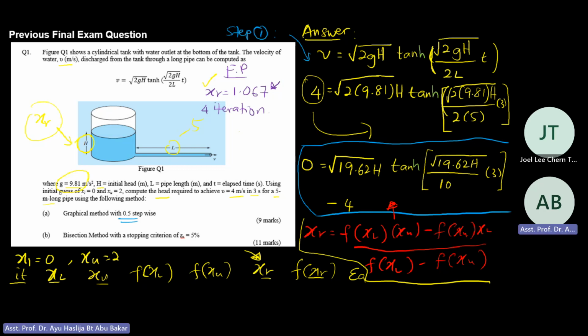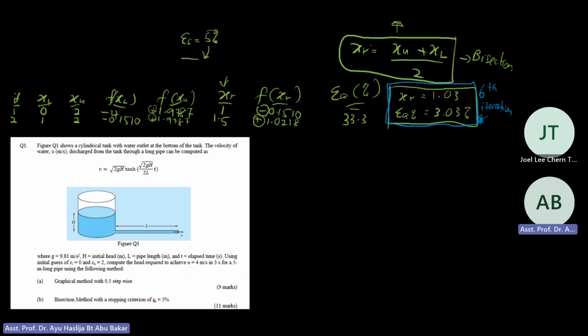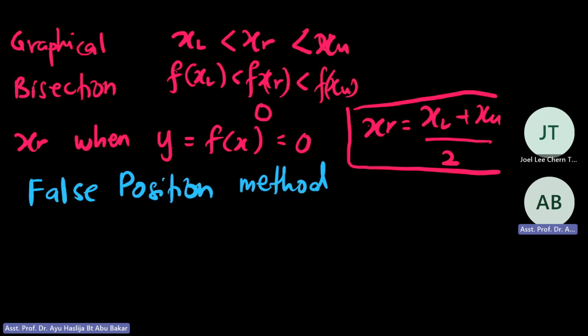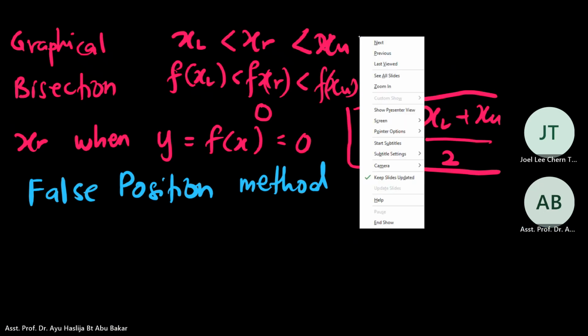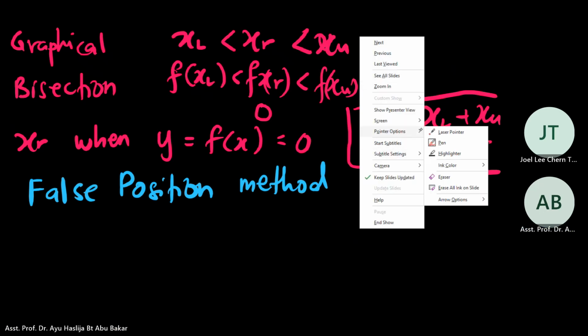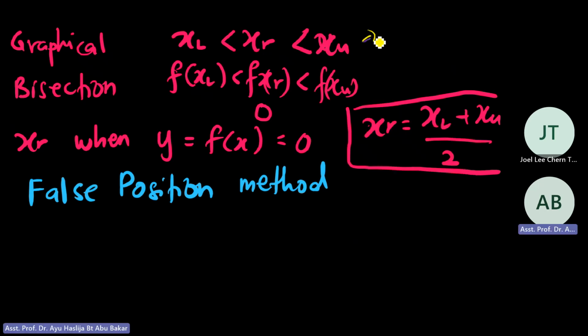Okay, now I will conclude for the bracket method. So for bracket method, we have the graphical, the bisection. Okay, the graphical, the one that we need to plot the graph. Graphical, plot the graph.